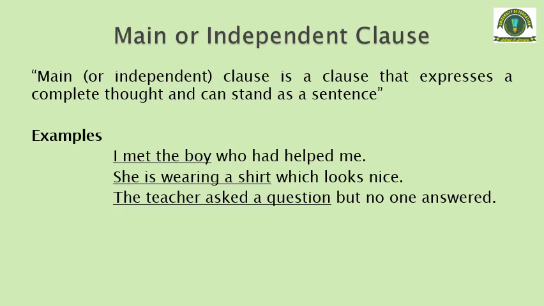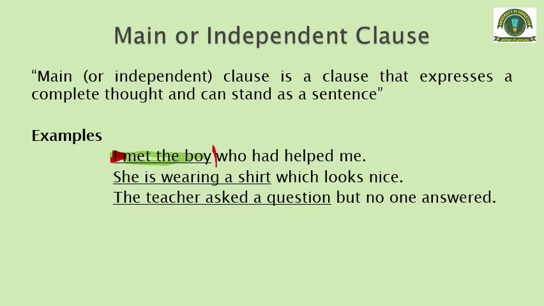Look at the first example. "I met a boy, who had helped me." Where is the subject? I is the subject. "Met the boy" is the action, the predicate. So the sentence is complete up to this point. "I met the boy."